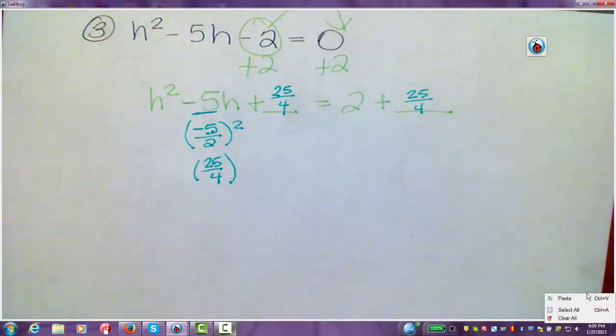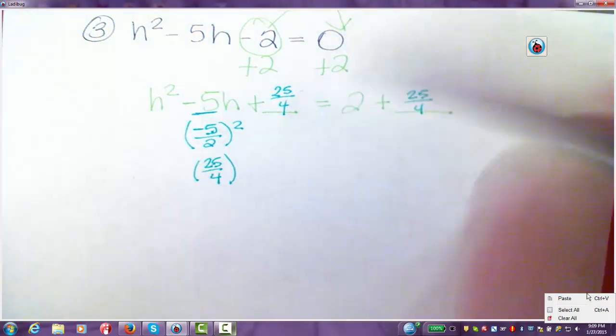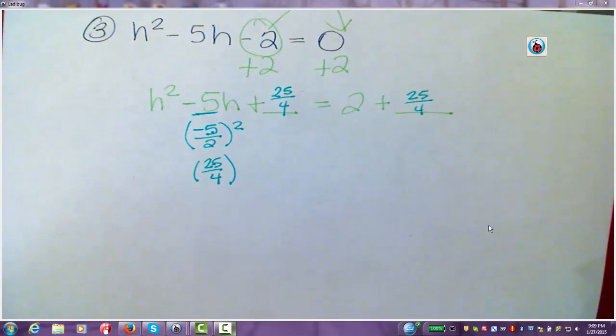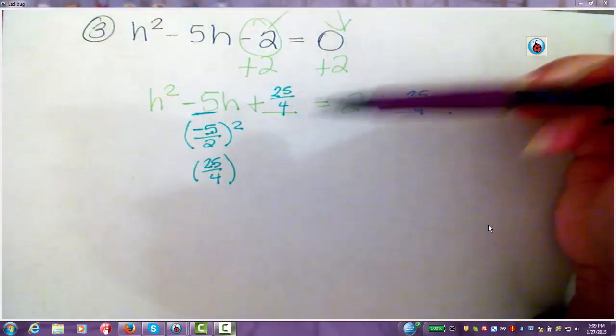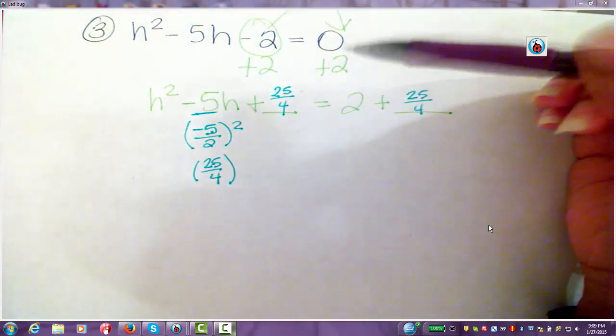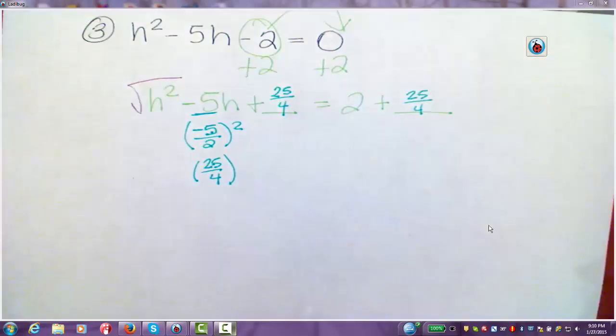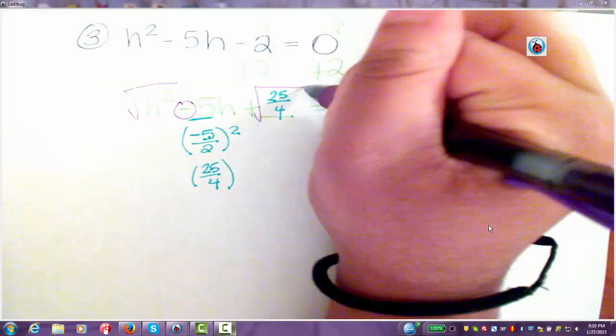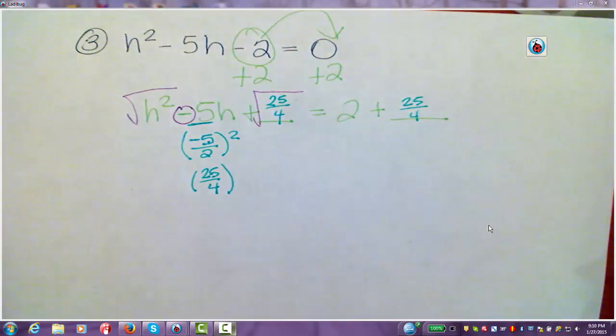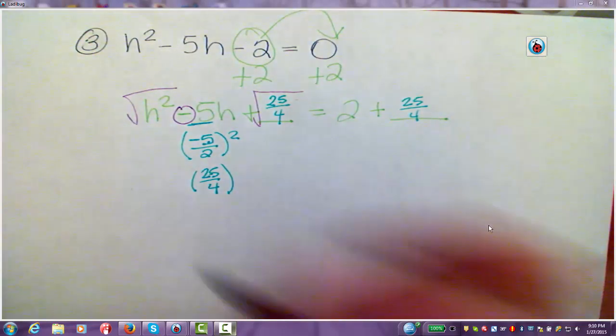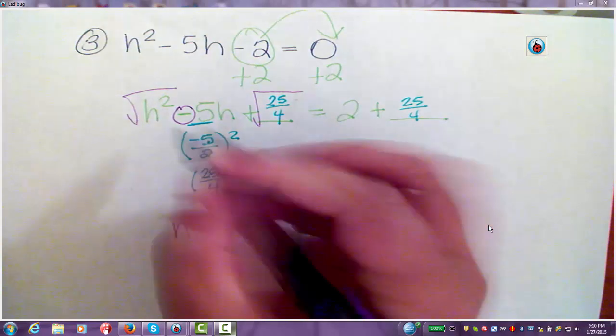So now we are good to go ahead and factor, since our left hand side is a perfect square trinomial. So remember how we factor. We take the square root of the first term, we keep this sign, and we take the square root of our last term. So the square root of h squared is h. We keep the sign, so minus.